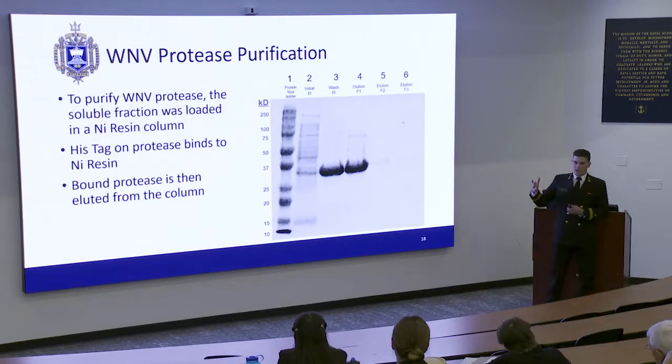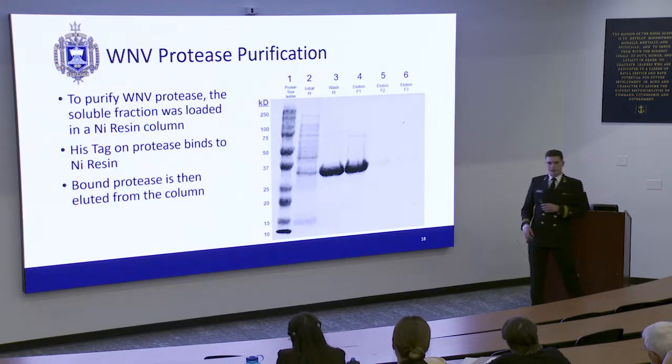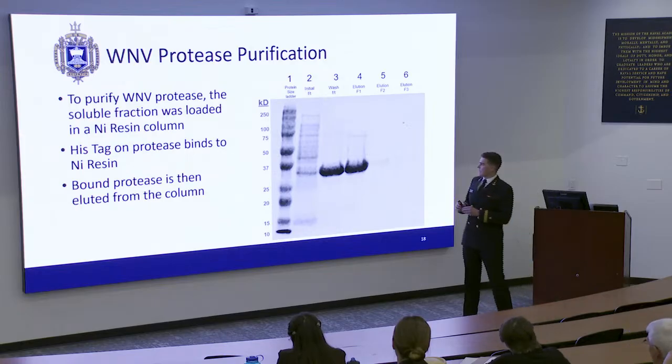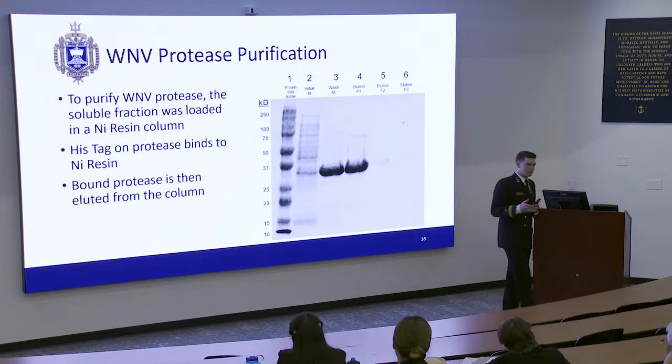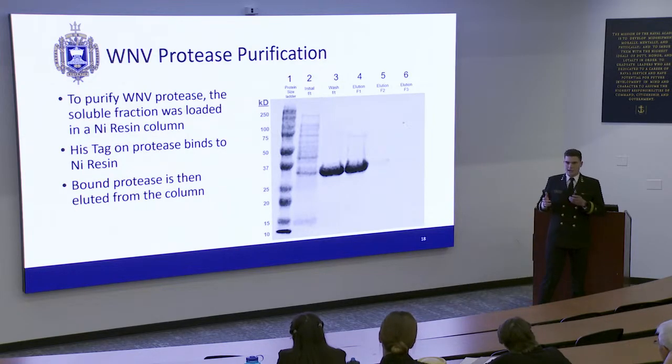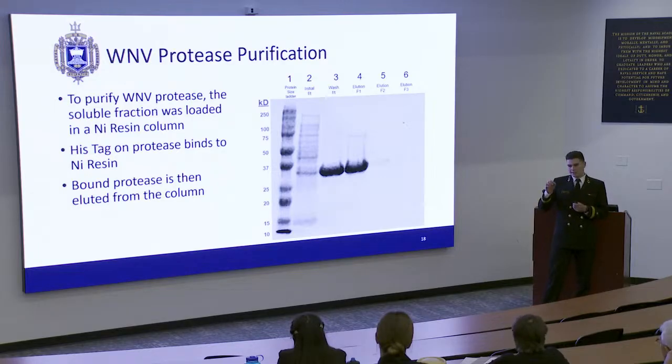And in order to do that, you need to understand another concept, that we express this viral protease with a his tag. It's a repeated sequence of histidines, or the amino acid, and that allows this viral protease that's very complex to be targeted and detected so that we can visualize it, but also so that we can purify it.